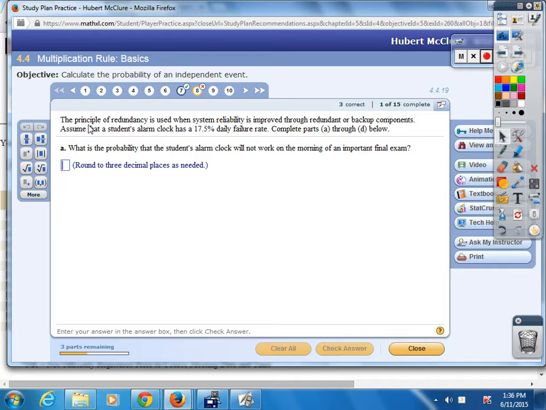All right. The principle of redundancy is used when system reliability is improved through redundant or backup components. Assume that a student's alarm clock has a 17.5% daily failure rate. Complete parts A through D. I can't go through A through D, so we'll just do them part by part. So write it down.